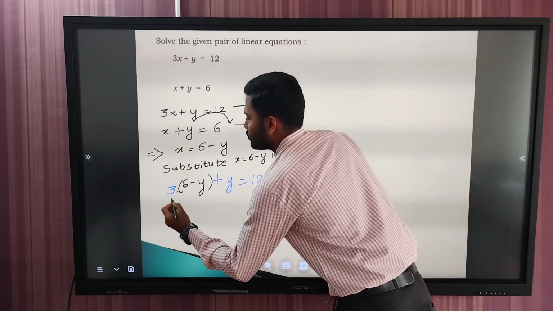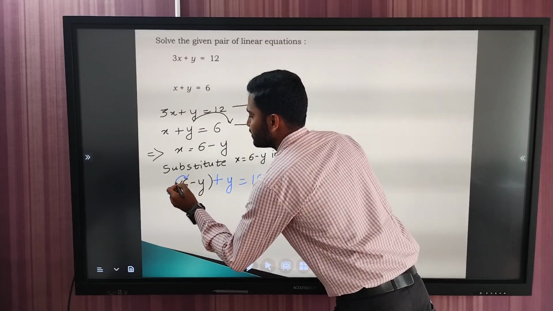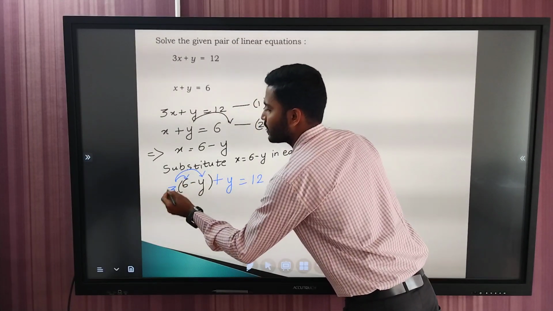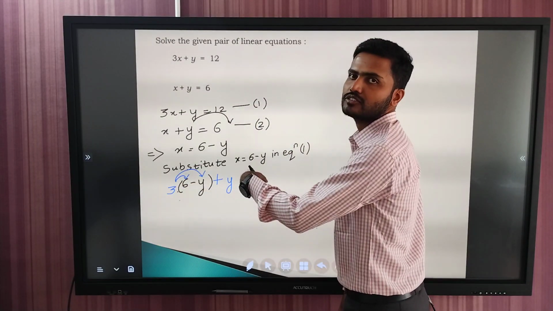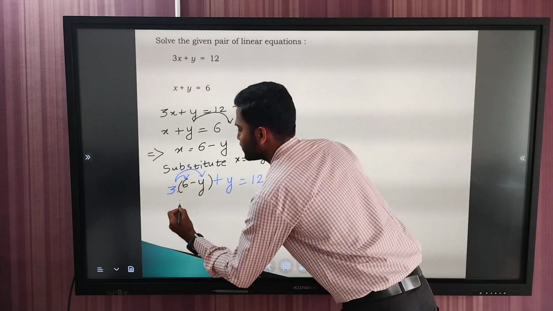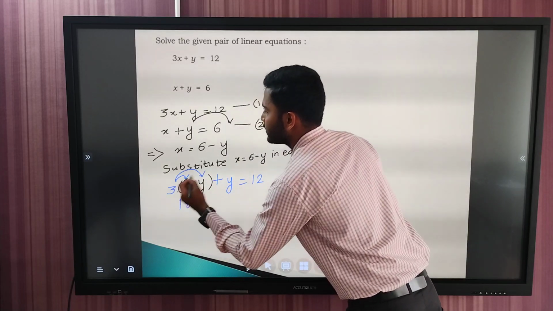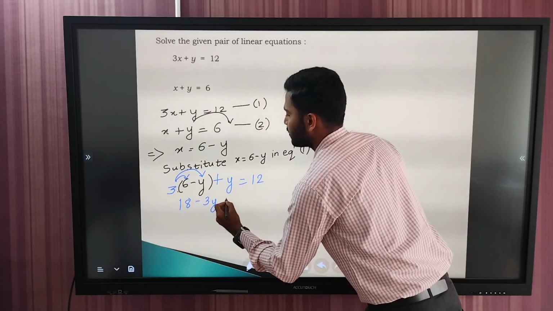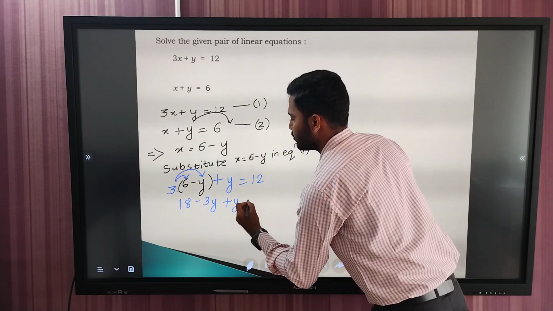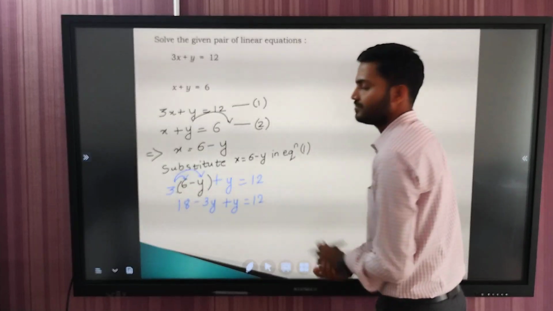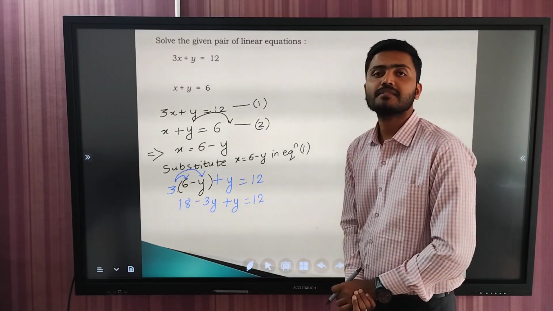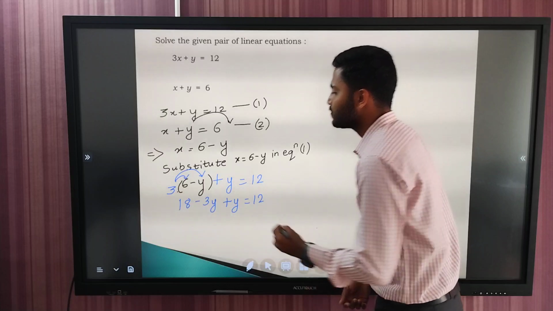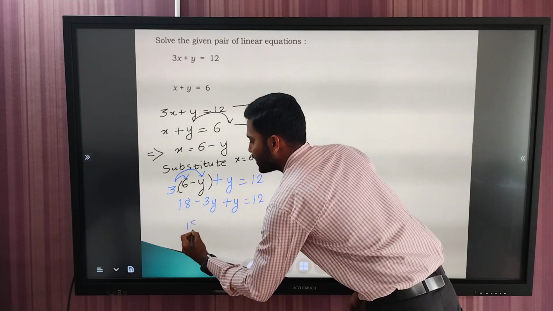Now you just multiply this together. Whatever is outside, I have to multiply into the bracket. So 3 into 6 is nothing but 18. Then 3 into minus y is going to be minus 3y. Then plus y as it is, equal to 12. Now it is just a matter of simplification, my dear students. 18 you keep as it is.